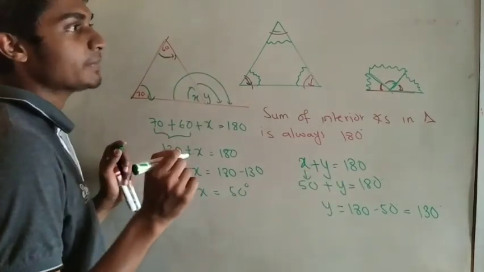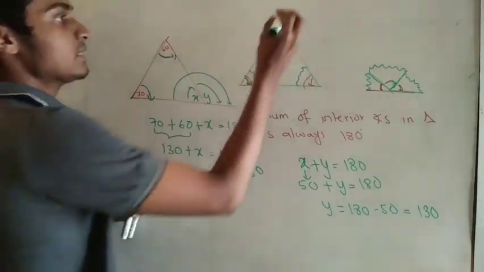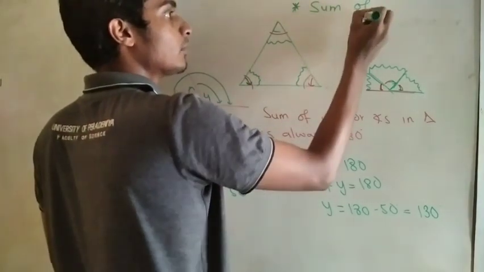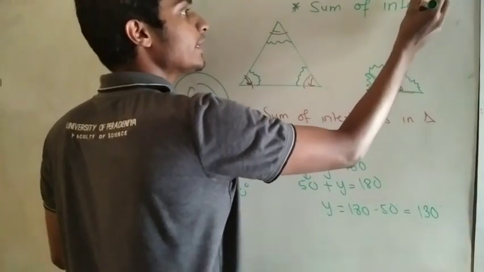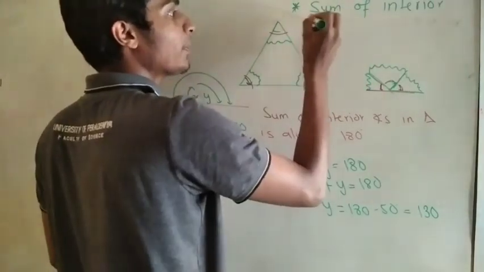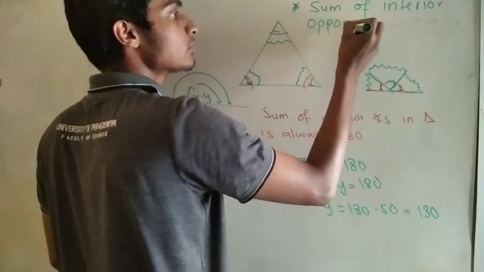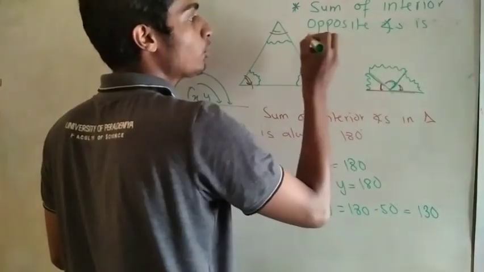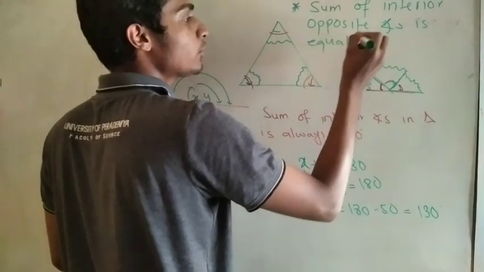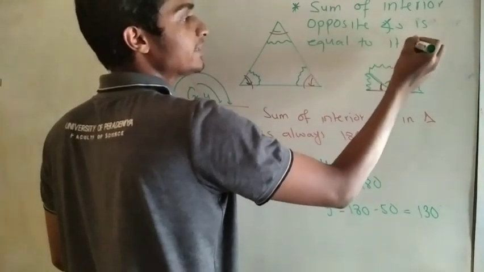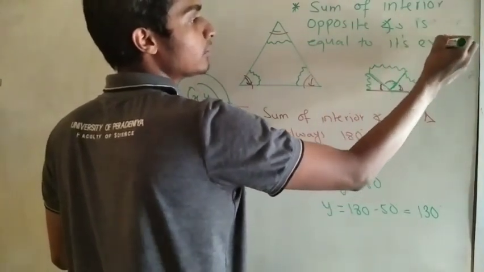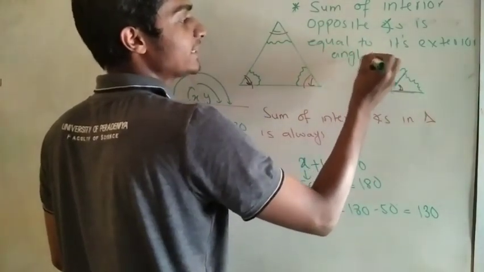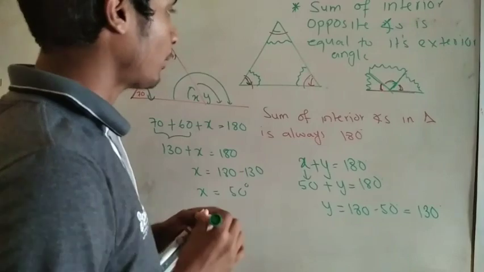So the next theorem is: the sum of interior opposite angles is equal to its exterior angle. This idea is also very important.